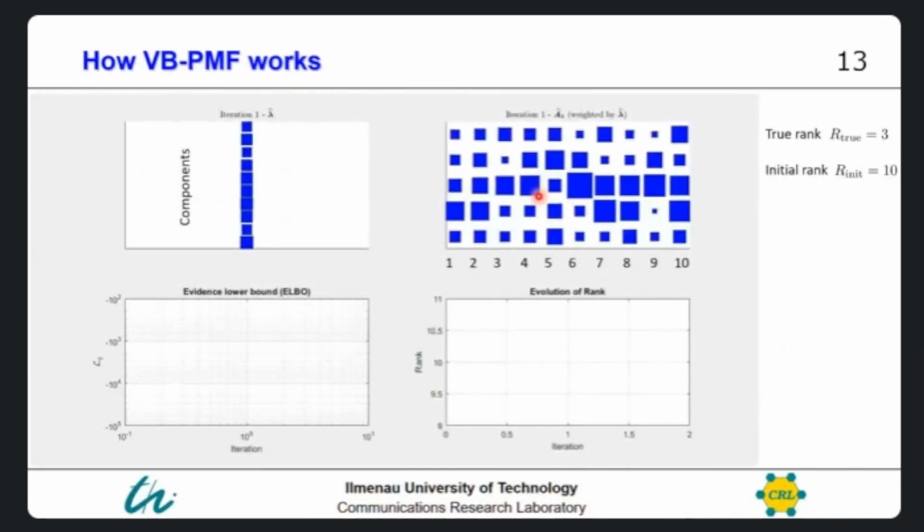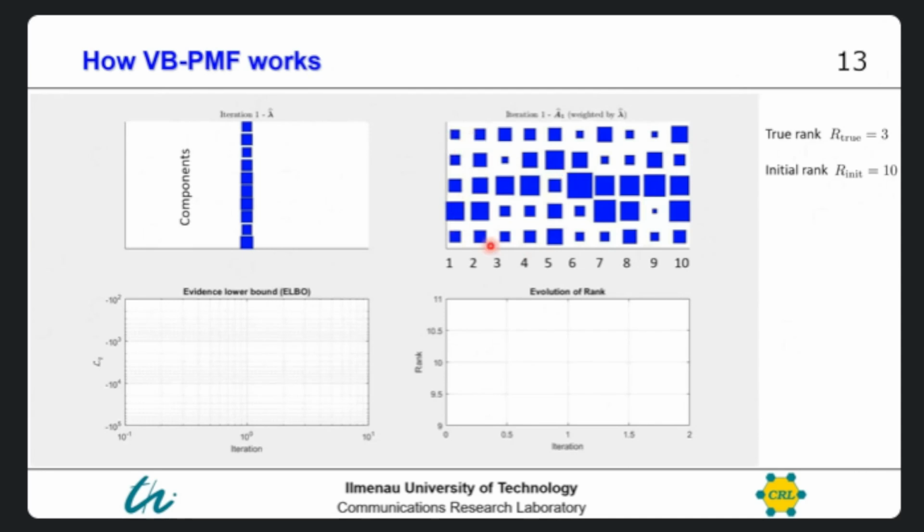So this is an animation. Let's hope it works. But what we have here is lambda. In this example, the true rank is 3, but we initialize it with a rank of 10, okay? So here we have 10 components of the loading vector lambda. This is one factor matrix, okay?